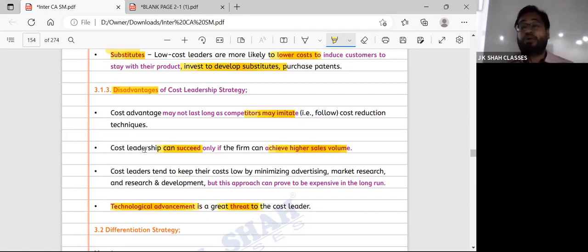Look at the third point: cost leaders tend to keep their costs low by minimizing advertising, market research, and R&D. But this approach can prove to be expensive in the future. You will be able to save costs, but in future your business will not be able to survive. You'll understand.